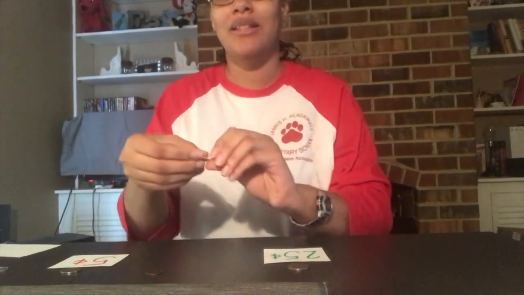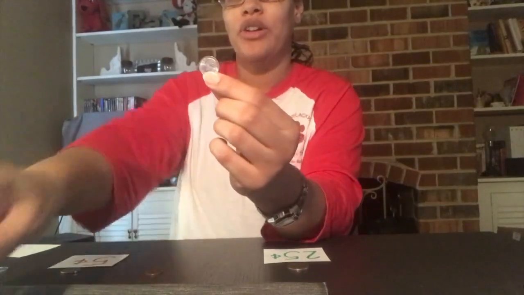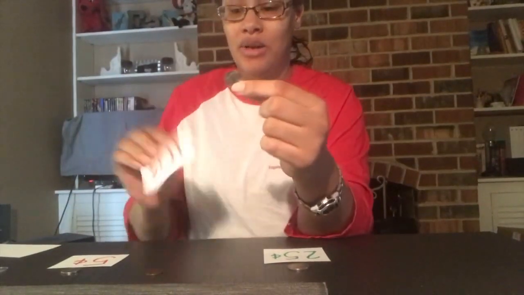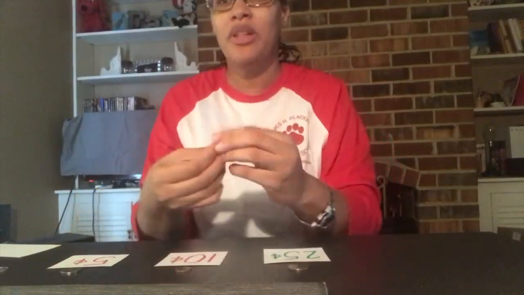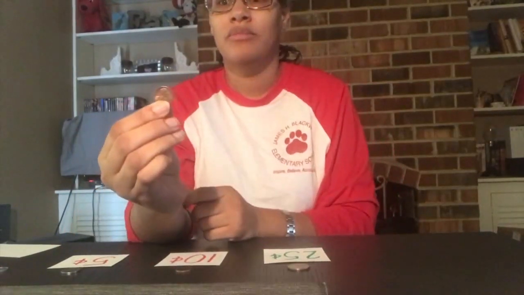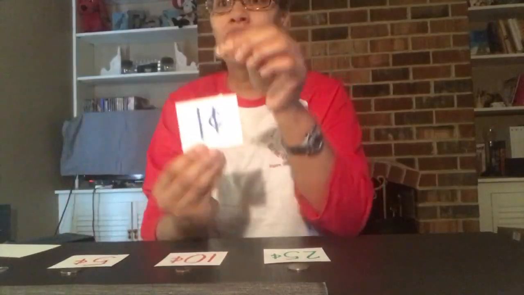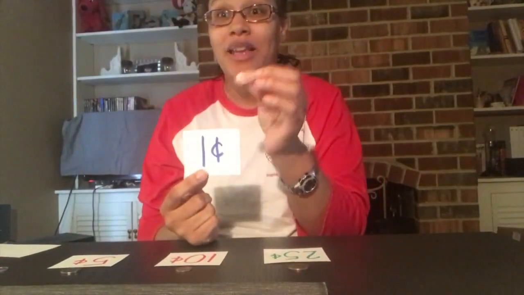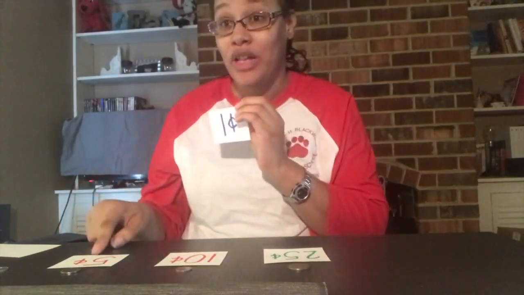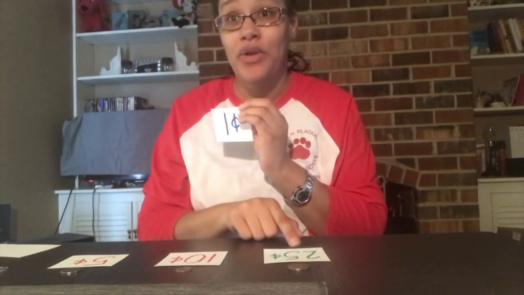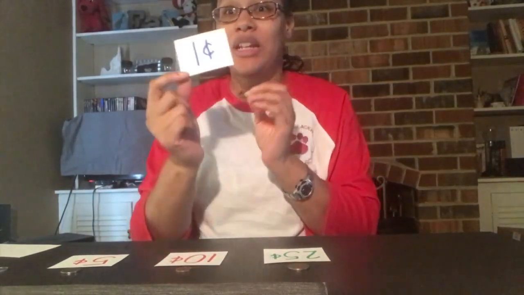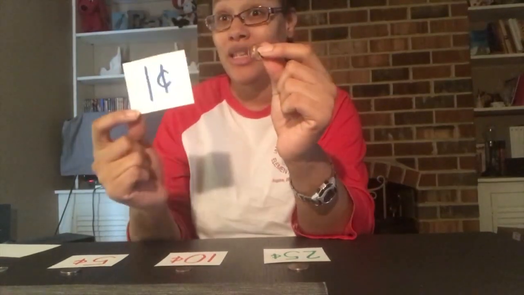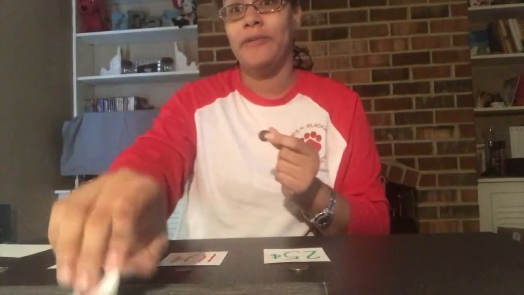That means the dime, which is worth 10 cents, goes in the middle. How much is a penny worth? Right. 1 cent. But we're going to use lots and lots of pennies to help us show the value of a nickel, a dime, and a quarter.